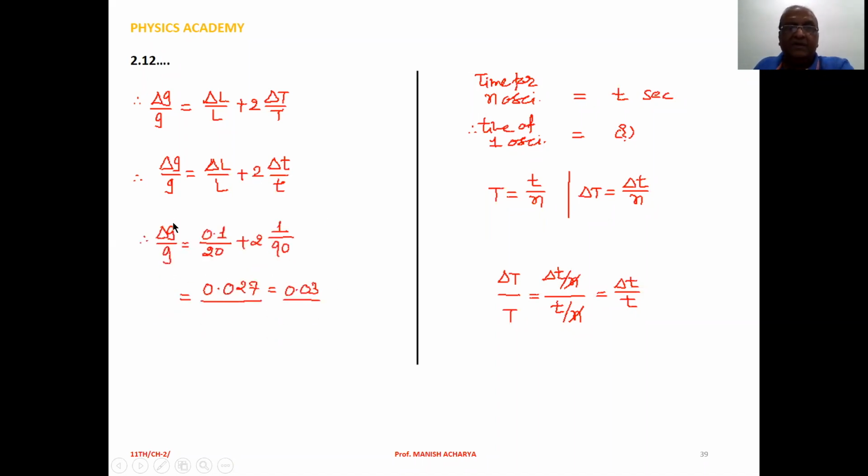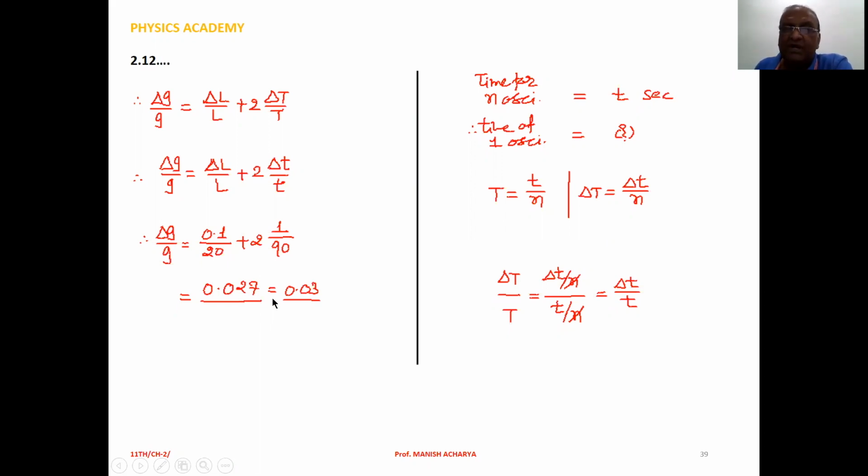Now, substitute the values. Delta g by g equal to, now delta L is 0.1, L is 20, then delta t, the error in the measurement of the total time, is 1 second, and the total time measured is 90 seconds. When you solve this, your answer will come to 0.027.